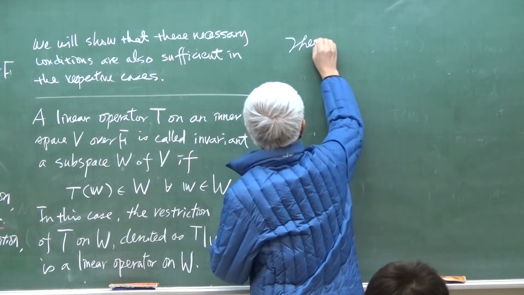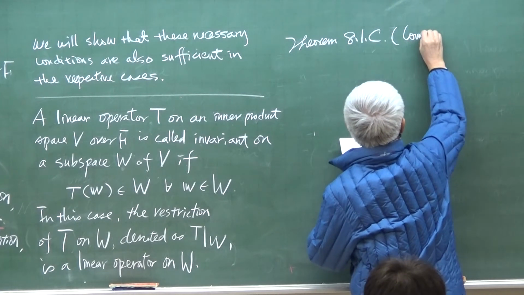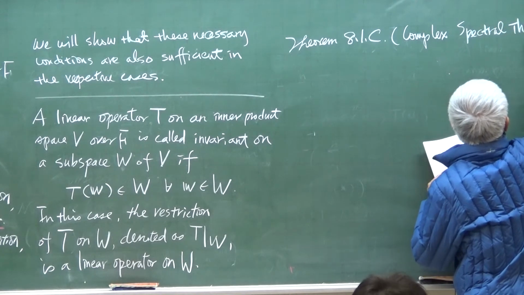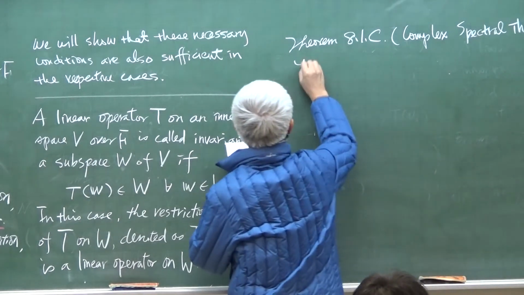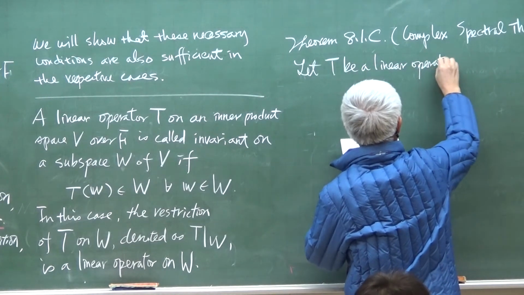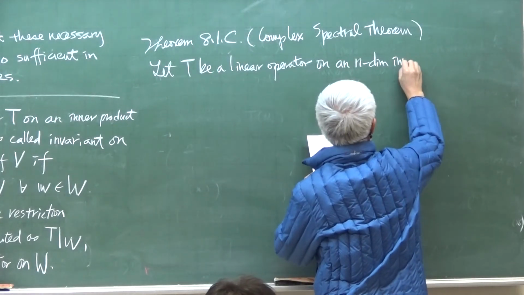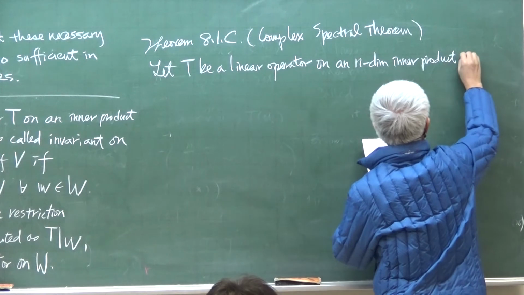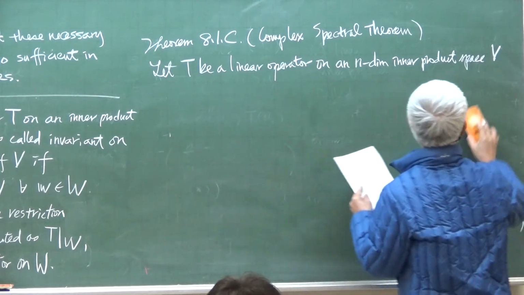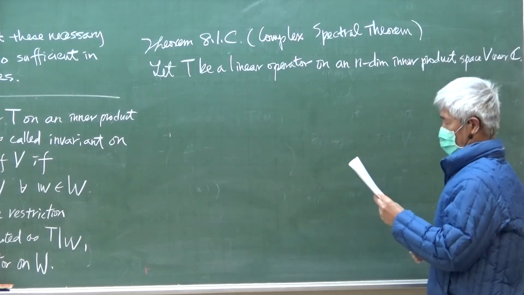Okay, so 8.1.C, this is called the complex spectral theorem. Let T be a linear operator on an n-dimensional inner product space V over C. So it's a complex inner product space.